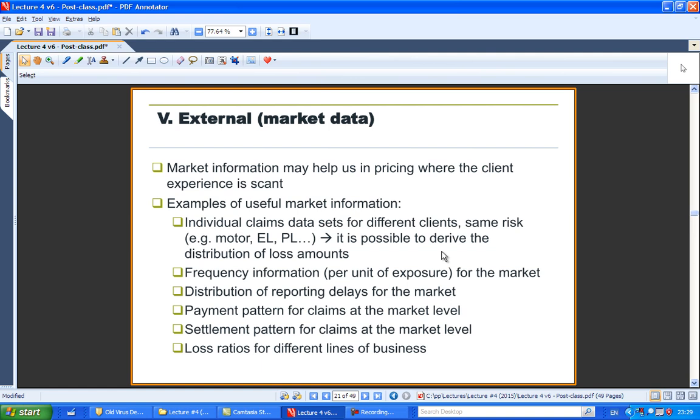This is all stuff that we can calculate for our clients, for one specific client, but normally some of these things, for example, the payment pattern might be too shaky, too unstable if you look at it for a single client.